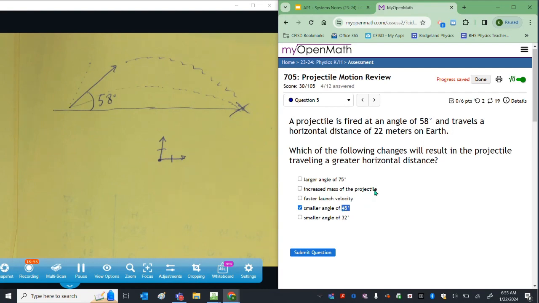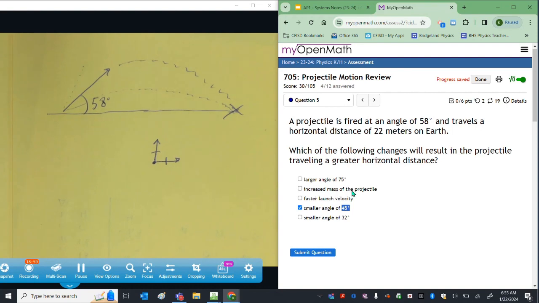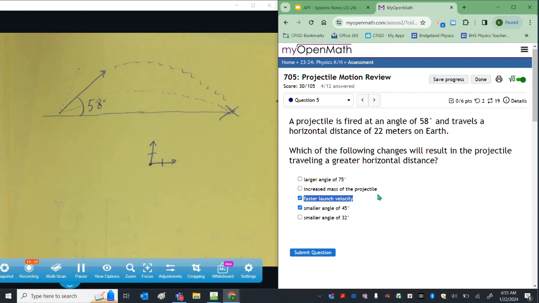Let's look at the other options that we see. Increased mass. Mass has no effect whatsoever on the range of your projectile. Unless there's air resistance, mass is not going to be a factor that affects anything, just like it didn't affect an object's free fall. So we're not going to select this because it shouldn't affect the distance at all. Faster launch velocity, though, absolutely would give me a greater horizontal distance.